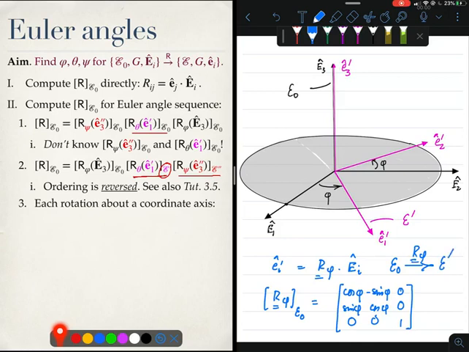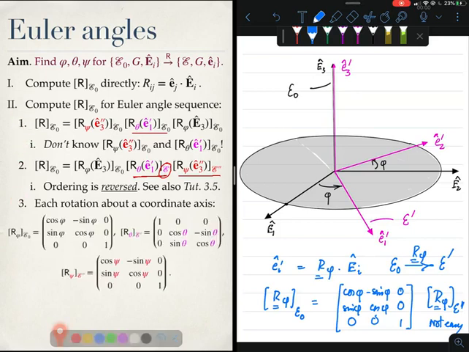But R phi in any other coordinate system, in let us say E double prime, is not easy. All right. So proving much of this stuff will be your homework.